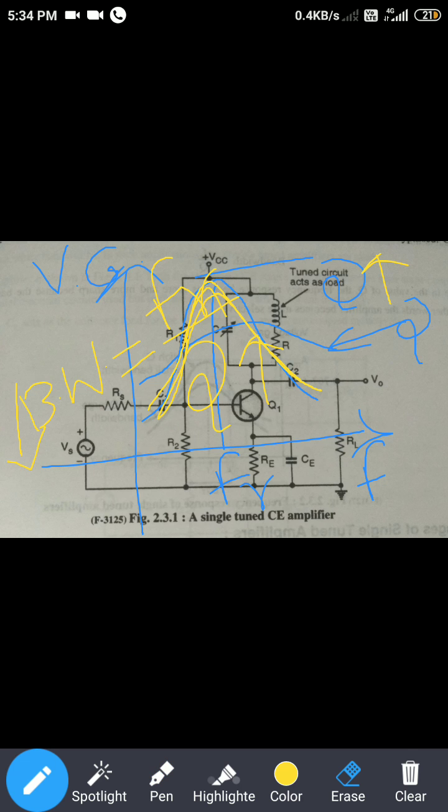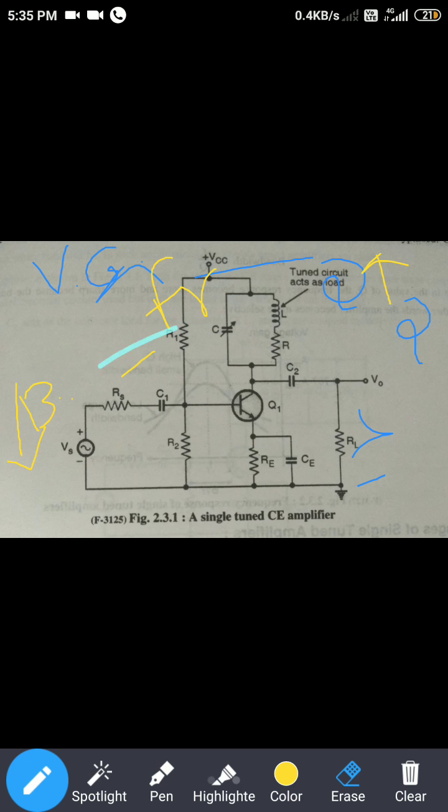So it is very simple. I repeat again that the functions of coupling capacitors C1 and C2 are the same as those of the small signal amplifier, as we have studied in the previous lecture. Similarly, the functions of RE and CE are also the same. The only difference is that here we have added one tuned circuit in place of the collector resistor.